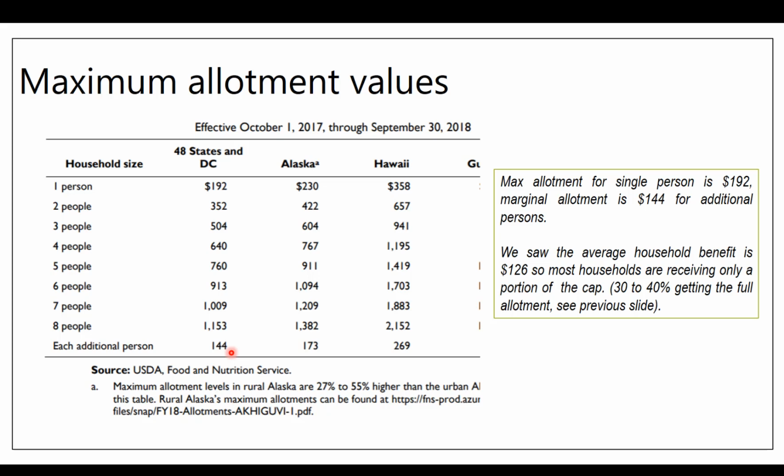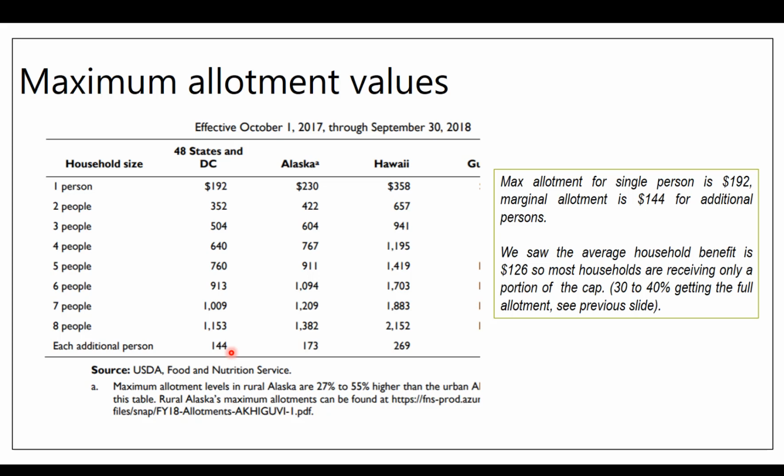So again, it just gets back to, it's not a terribly lucrative program, and it really is this sort of, can you live on $4 a day? That's $1 to $1.33 per meal, and most people don't do it.